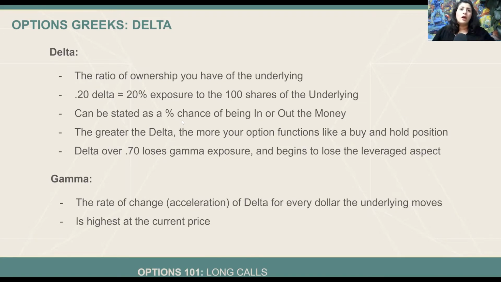It's not always on the option chain. You have to add it to the layout, but you get this delta plus gamma. But gamma is highest at the money. So if your position starts to go really deep in the money, you will start to notice that you're no longer getting that gamma exposure, because you're getting closer to 1 with the delta, which means that your options contract is almost moving at the exact rate as the underlying.